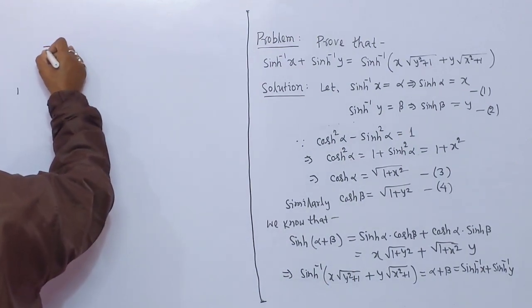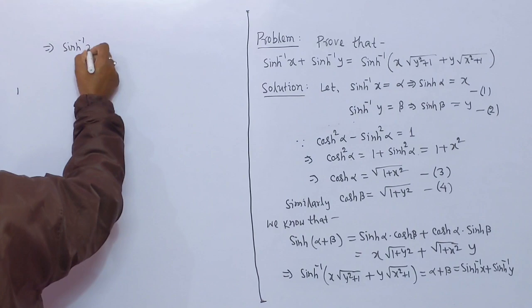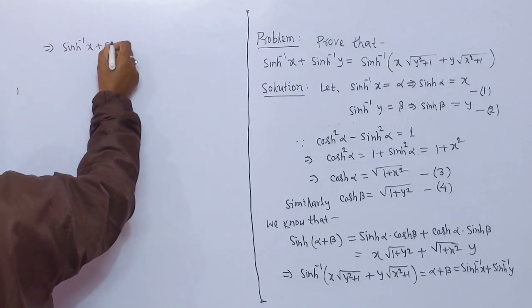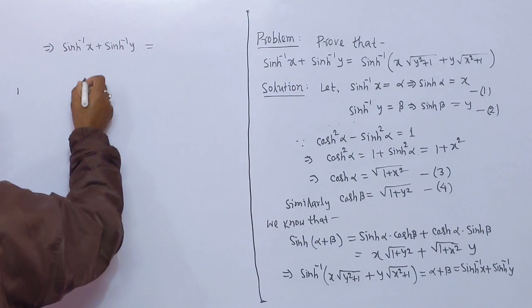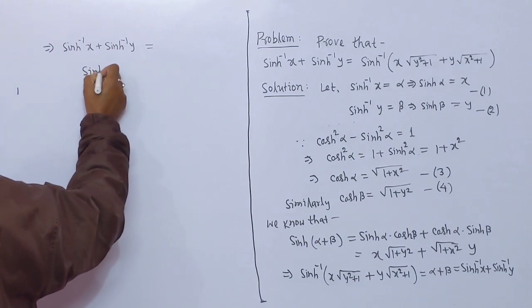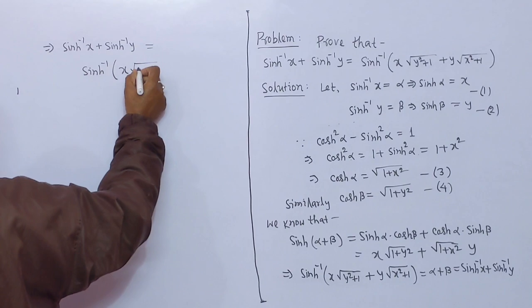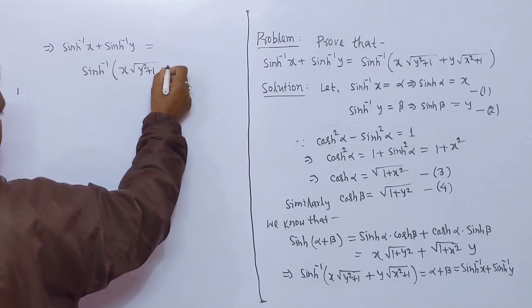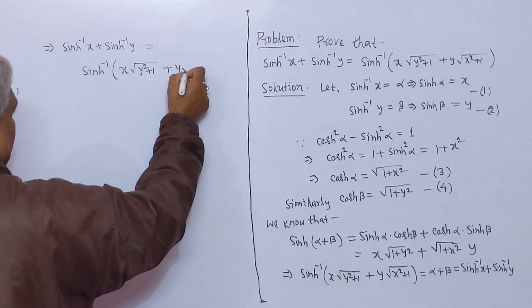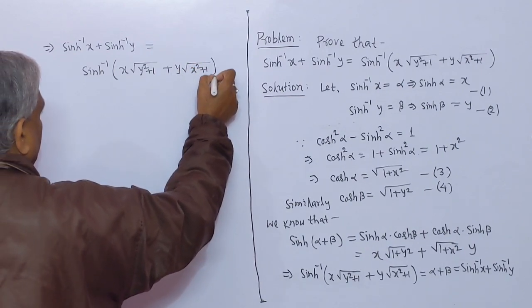Implies that sinh inverse x plus sinh inverse y equals sinh inverse of x multiplied by square root of y square plus 1 plus y multiplied by square root of x square plus 1, and proved.